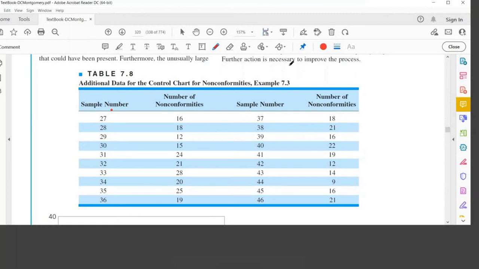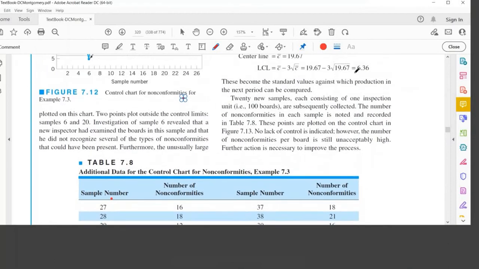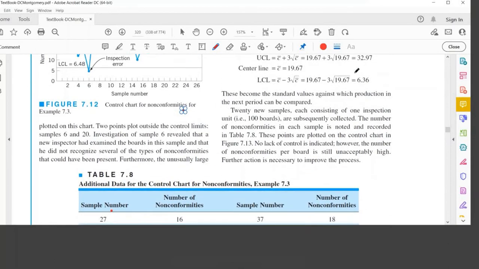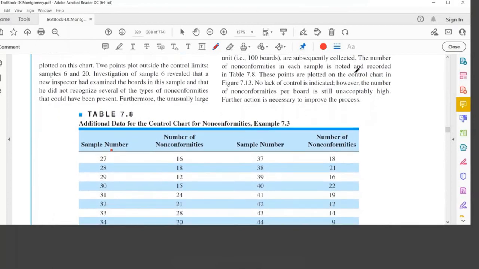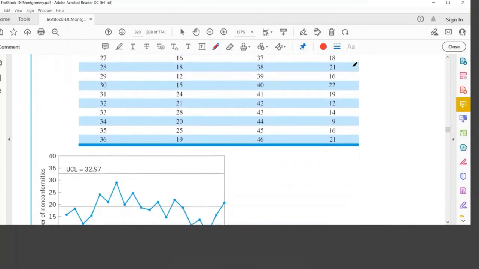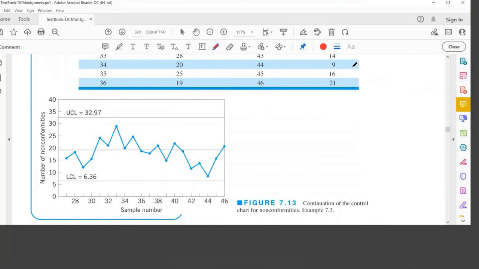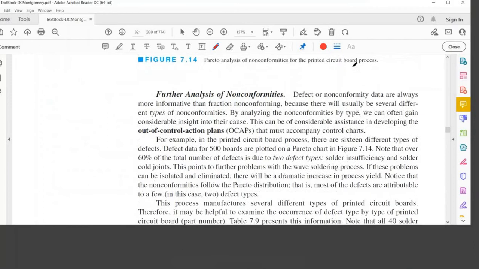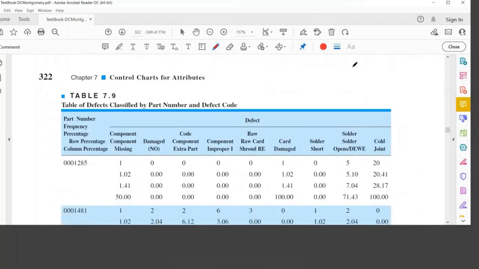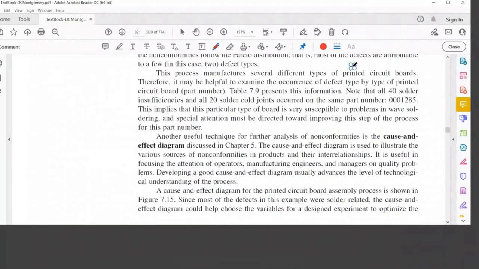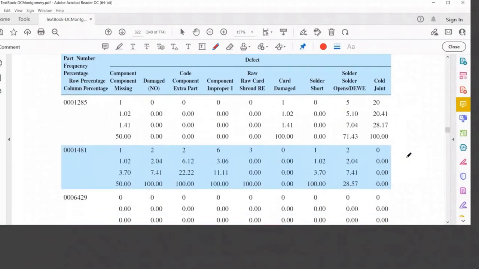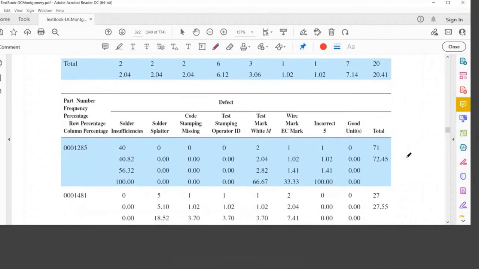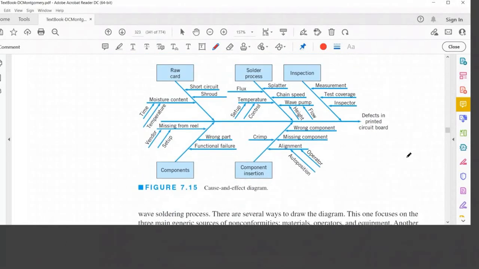We can compare with the revised control limits. But before we revise, make sure that we know the points outside the upper control limit are coming from assignable cause. Even so, you can further use the cause and effect diagram to identify the root cause of that point outside the control limit, especially the upper control limit.